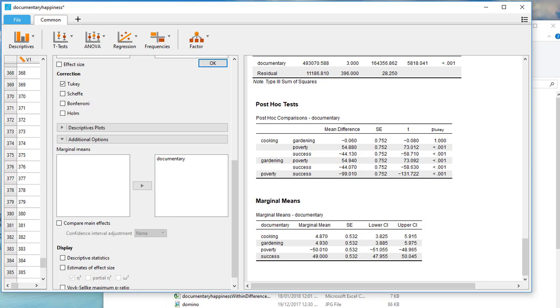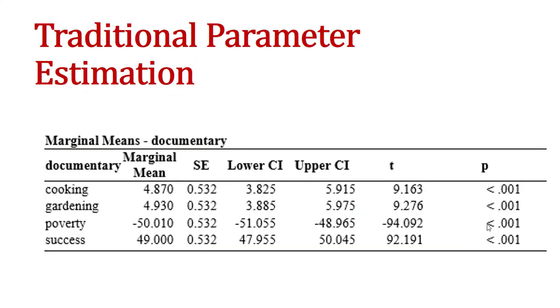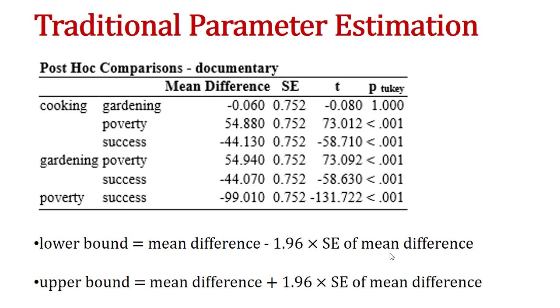Okay, so let's return to the slides, and here are the marginal means estimated with confidence interval, and in this case the way you calculate the confidence intervals is this way.